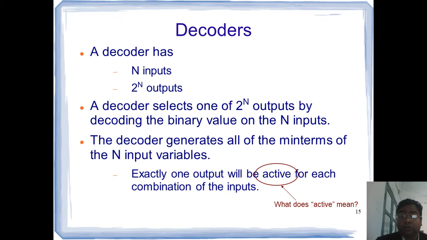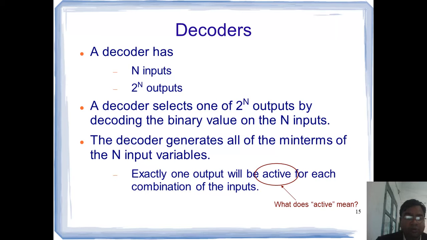Depending upon the value of the n inputs, we pass it to the 2 raised to power n outputs. Out of these 2 raised to power n outputs, only one will be active. So you can say a decoder works just like a demultiplexer.